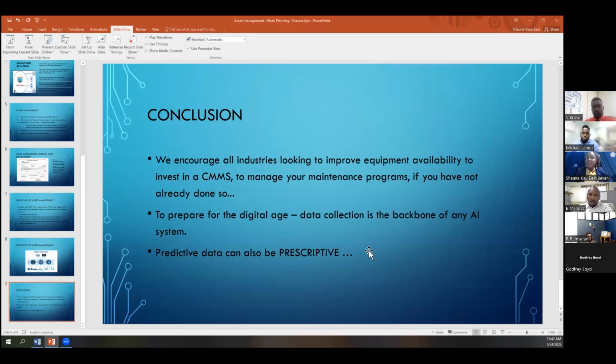And we have to remain competitive as a nation because we're thinking about economic growth as well and foreign exchange. If we're able to remain reliable and productive, we can compete in the foreign market and generate that foreign exchange to build our nation. And last point, predictive data can also be prescriptive. So it can tell you what you need to do to fix the equipment based on the data that it collects. It's thinking for you. That's the age of technology.